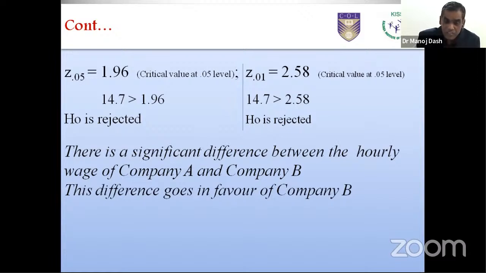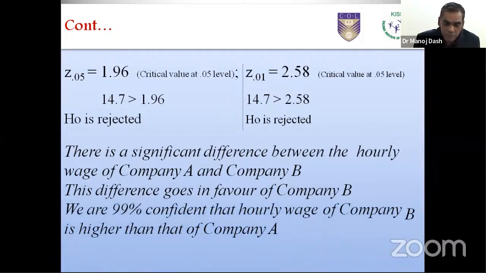And this difference goes in favor of company B, because the average hourly wage of company B is greater than that of company A, as we had observed. On the basis of the statistical calculation, we found that the difference going in favor of company B is a significant difference.